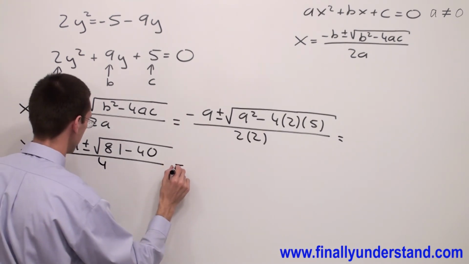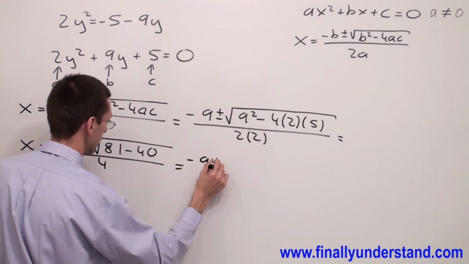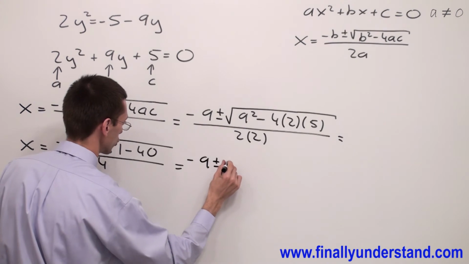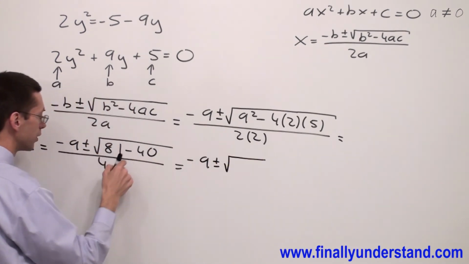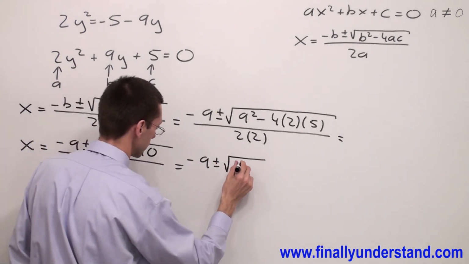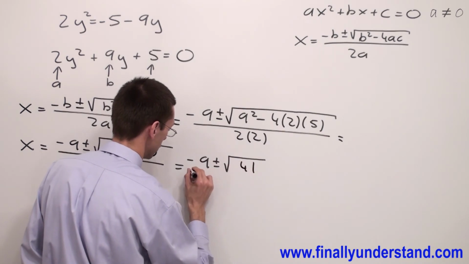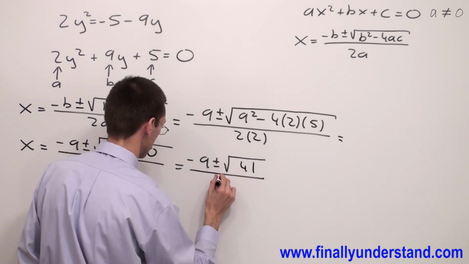And I have negative 9 plus or minus square root of 81 minus 40, which is equal to 41, over 4.